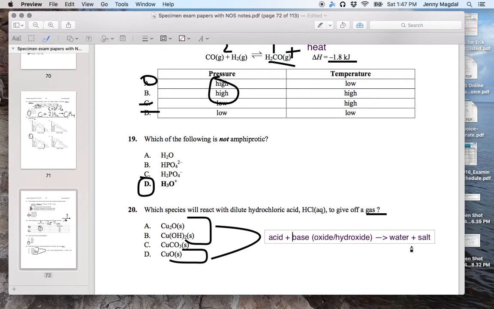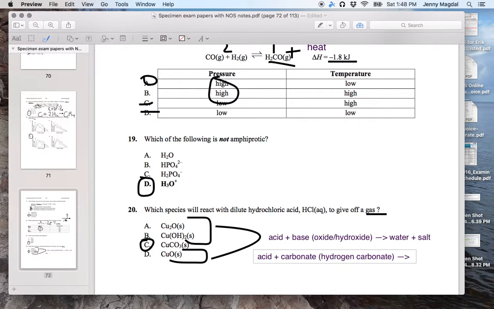So I don't see any H2 gas or any carbon dioxide gas here. That leads me to think that it's going to be C. But let's look at why that is, and we'll talk about the third type of acid reaction before we finish this one up. I've got a carbonate, and anytime I have an acid plus either a carbonate or a hydrogen carbonate, which are both bases, they're not oxide or hydroxide bases, they're carbonate or hydrogen carbonate bases.